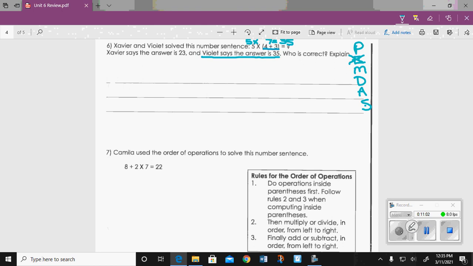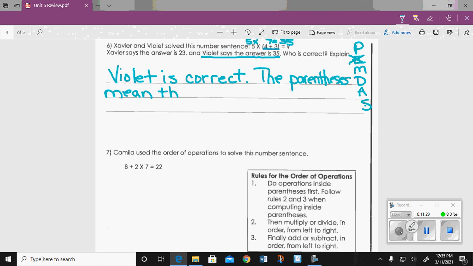Okay, so I would just write down that Violet is correct. And I would just put that the parentheses mean 4 plus 3 should be done first.